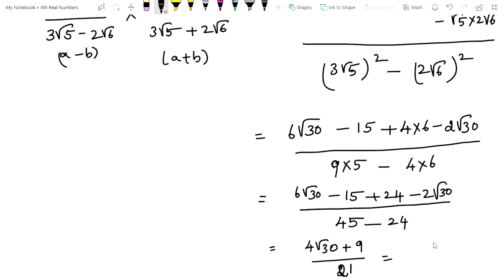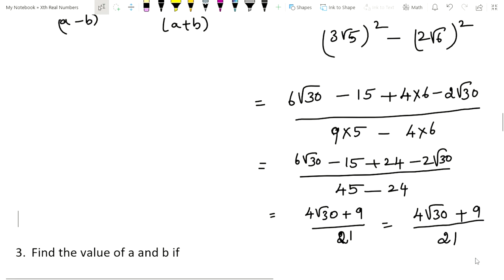So what is the answer? 4 root 30 plus 9 divided by 21. Do you understand, children? What is the answer? 4 root 30 plus 9 by 21. Thank you, children.